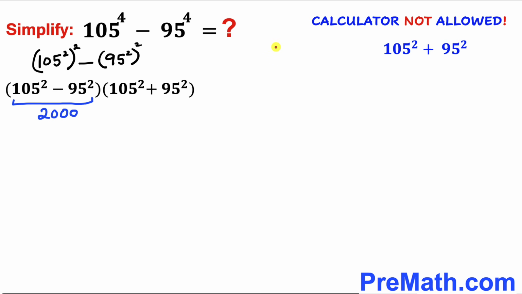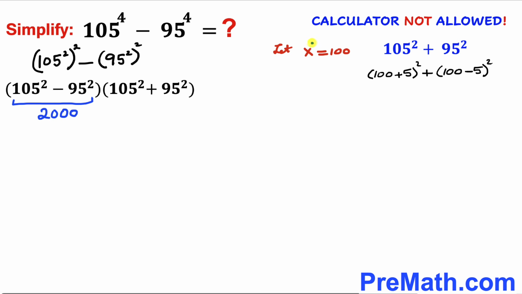So therefore I'm going to substitute let x equals 100. Then this whole thing could be written as 100 plus 5 whole square, plus likewise this could be written as 95 as 100 take away 5 whole square, as you can see in this next step.